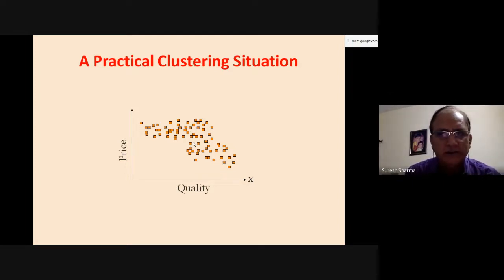Because their distances are very, very small, the center will be computed out of these 3. How will the center be computed? x1 plus x2 plus x3 divided by 3, y1 plus y2 plus y3 divided by 3. You will get the center somewhere here. Then from the center, there are other points also. It will compute this distance, this distance, and this distance, nearby, all the distances. Then it tries to club the one having the minimum distance, and that will again go into this cluster.